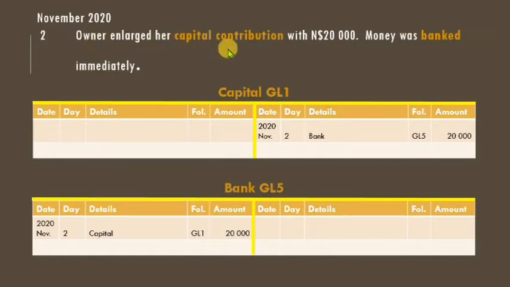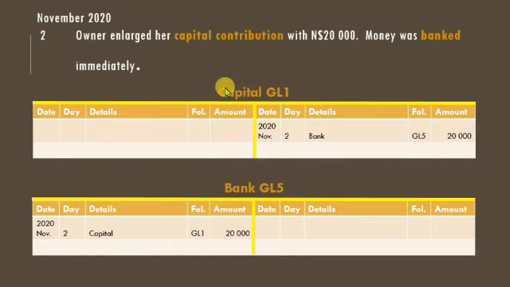Now the owner increased her capital contribution by 20,000 and the money was banked immediately. Now our two accounts will be capital and bank. And we said that bank will be debited and capital will be credited. So here we have our T accounts.